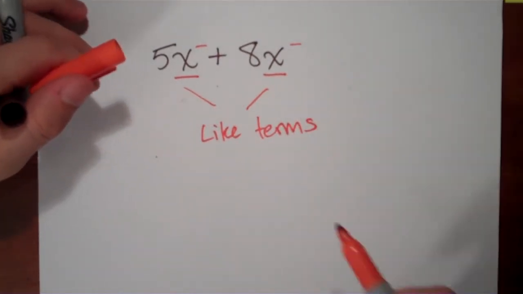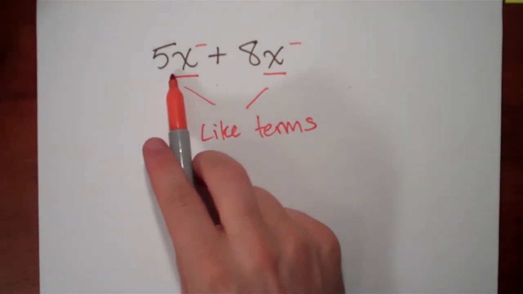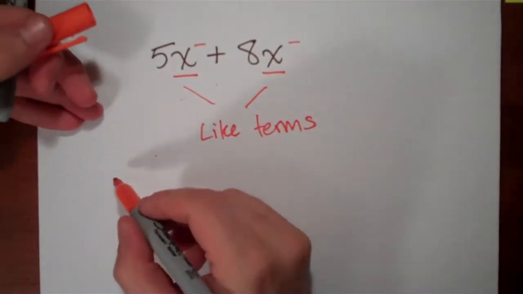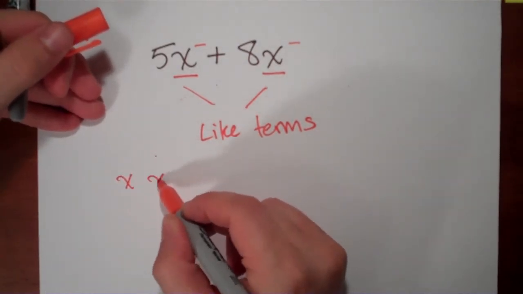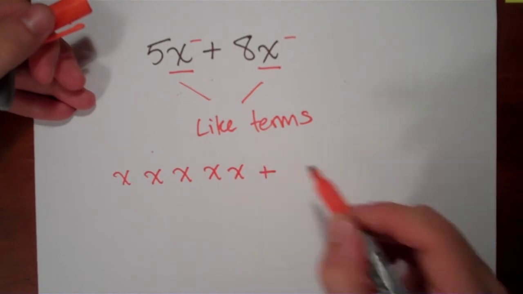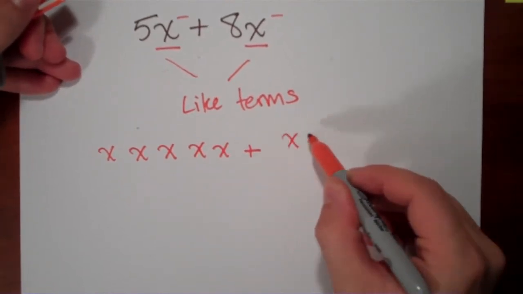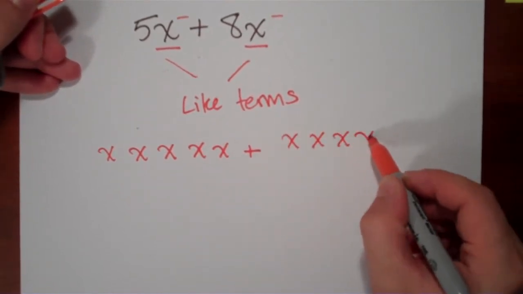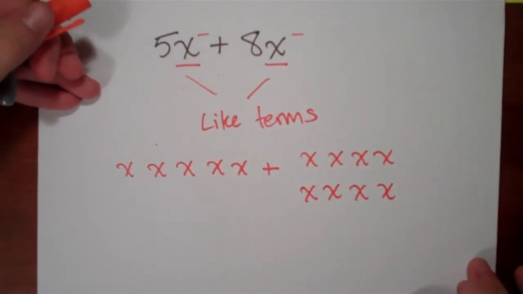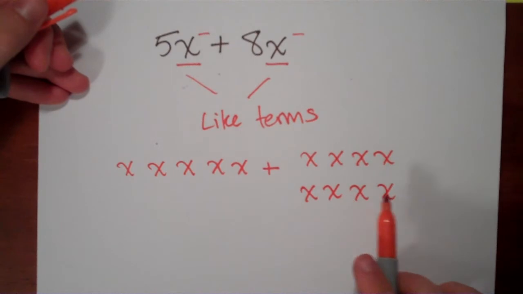And it's as simple as this. 5x and 8x, they're like terms. If I have 5x's over here and 8x's over here, that's a total of x, x, x, x, x, plus x, x, x, x, x, x, x, x. 5x's plus 8x's.